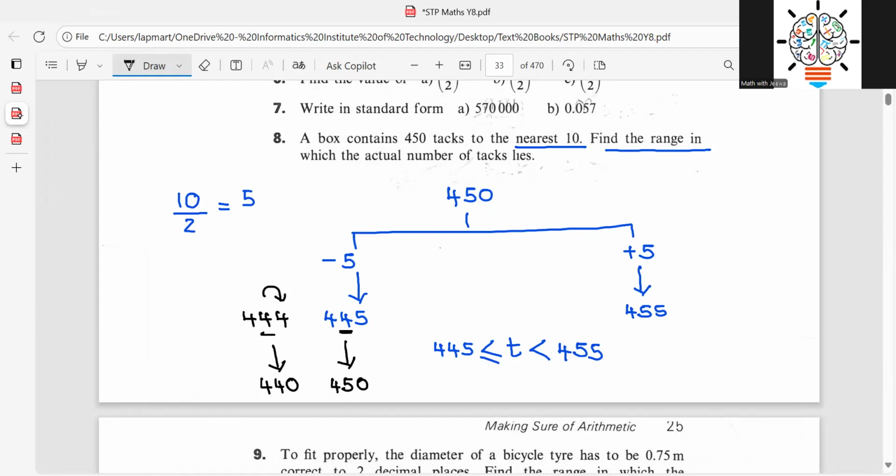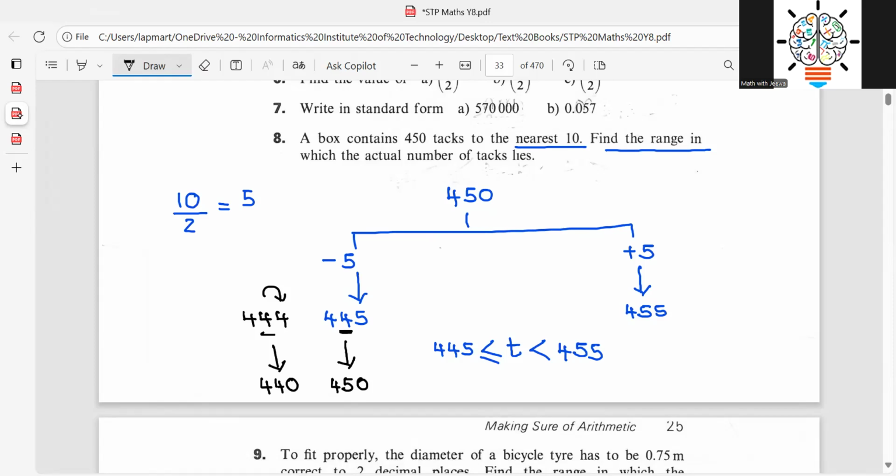When the next number is 5 or more than 5, we need to add 1 to the underlined number. So underlined 4 becomes 5. My final answer is 450. So that means to get the answer 450 to the nearest 10, the lowest possible value will be 445.